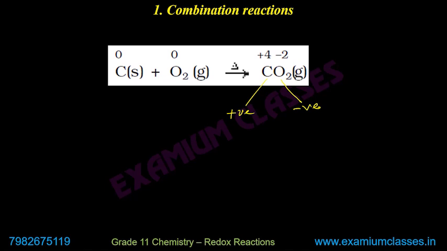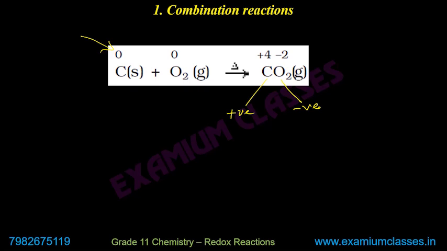So one will be positive, the other negative. For this to be a redox reaction, you should have at least one element here which has zero oxidation state. That's why elemental form, so that if the oxidation number increases, it is oxidation, and if it decreases, it is reduction.